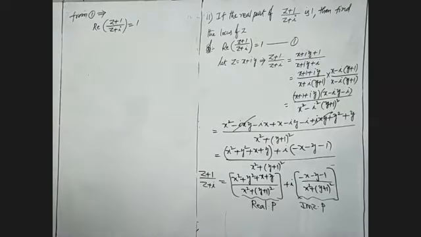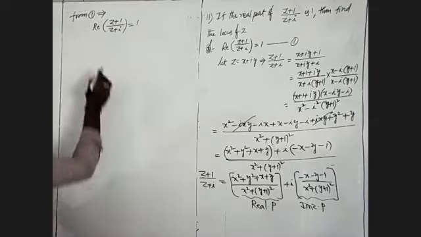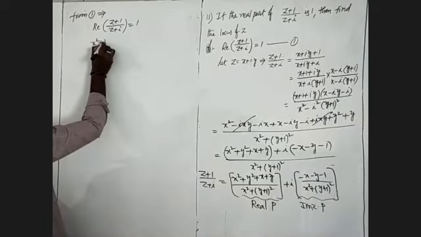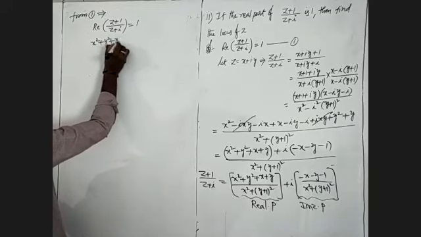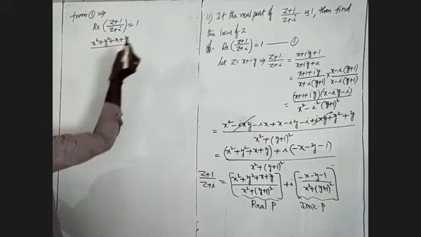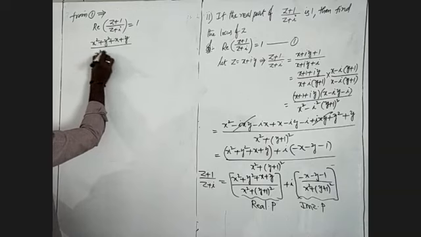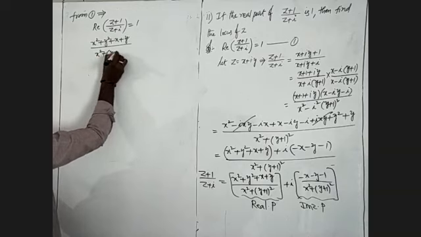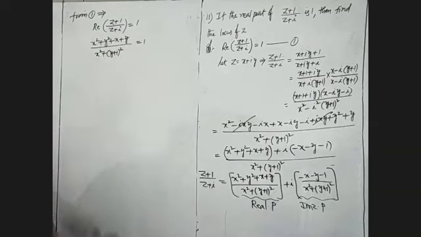Real part of z is 1 means x square plus y square plus x plus y, by the denominator x square plus y plus 1 whole square, is nothing but 1.